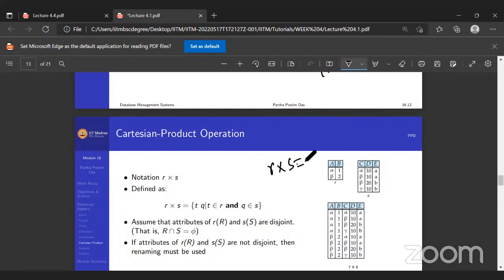So R cross S means T is such that T belongs to R and Q belongs to S, right? This is just a Cartesian product, m into n, if the number of tuples is m and n.